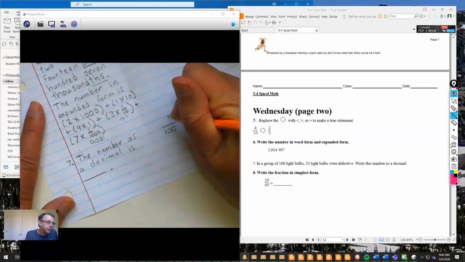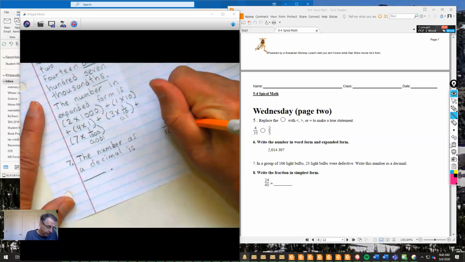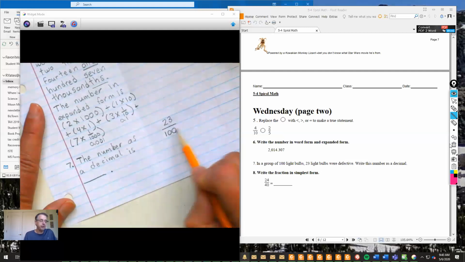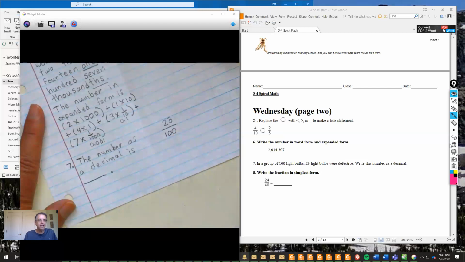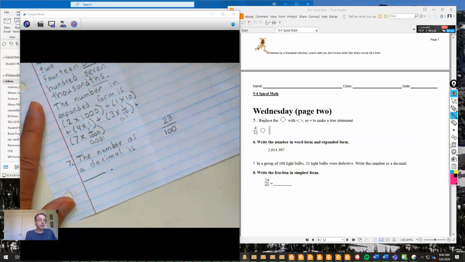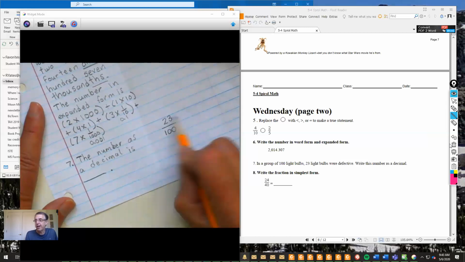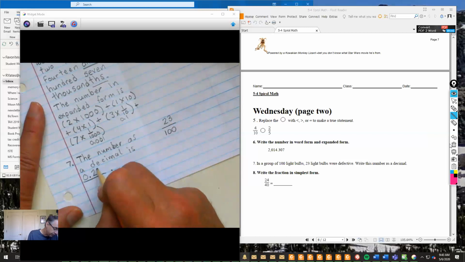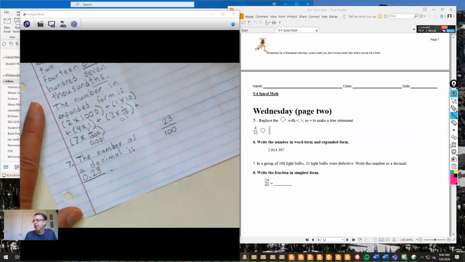The 23 is my numerator. So I'll go ahead and put 23 on top. So now I have 23 out of 100, which if I read that, I get my decimal, 23 hundredths. I just have to write it out in decimal form. So 23 hundredths is, as a decimal, 0 point 23. And there's the decimal. Let's move on.